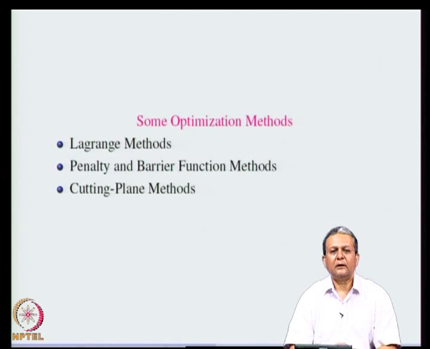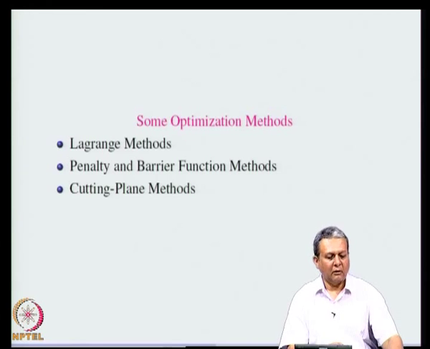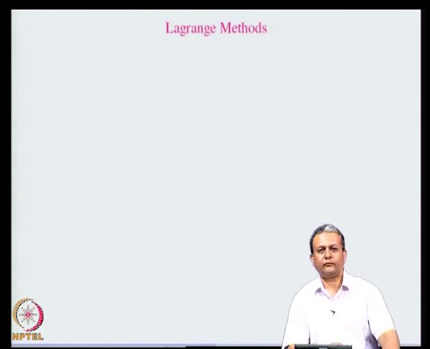As I mentioned, there exist plenty of methods to solve constraint optimization problems, and it is very difficult to cover every method. So, we will study some of the prominent methods that would be useful in solving constraint optimization problems.